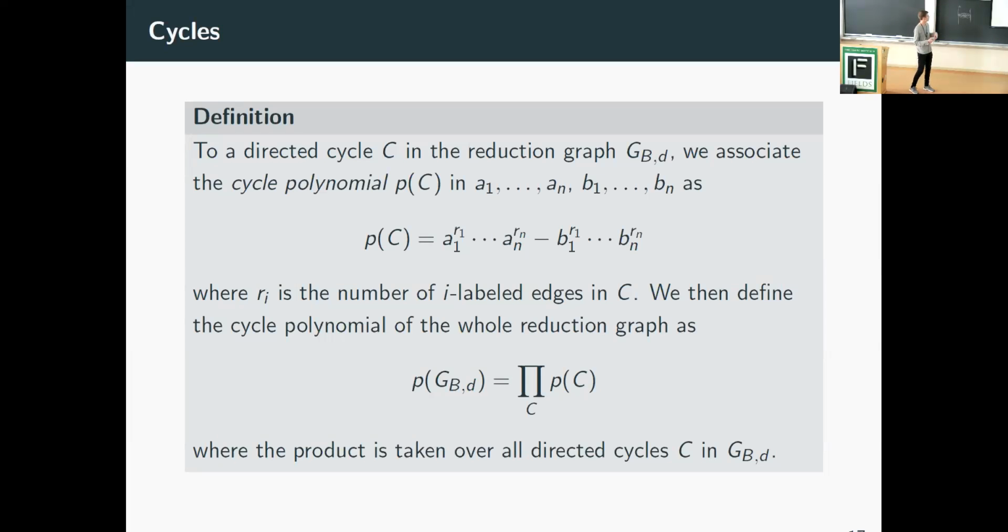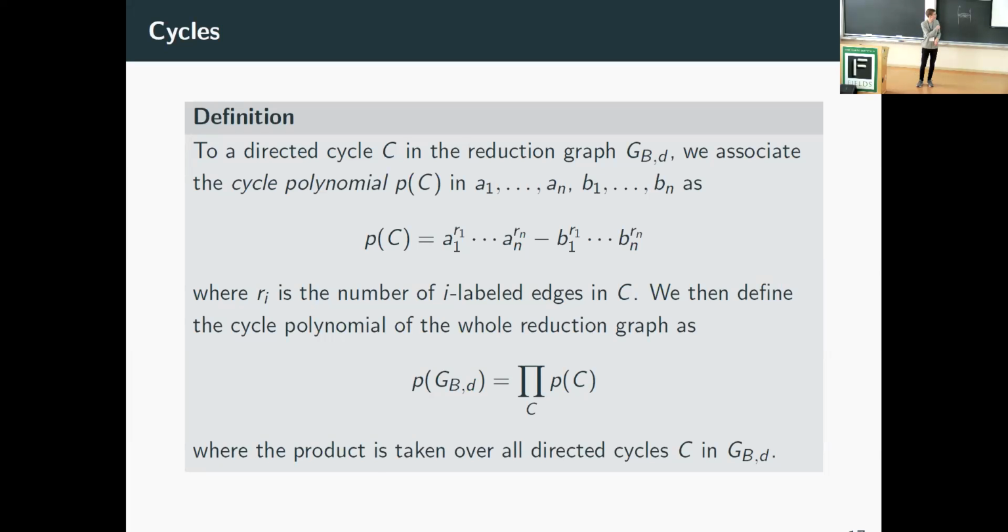So from a cycle, we define a polynomial like this, where R_i is the number of i-labeled edges in the cycle. And then from this, we can define a cycle polynomial of the whole reduction graph by just taking the product of the cycle polynomials of all of the cycles that appear in the graph.